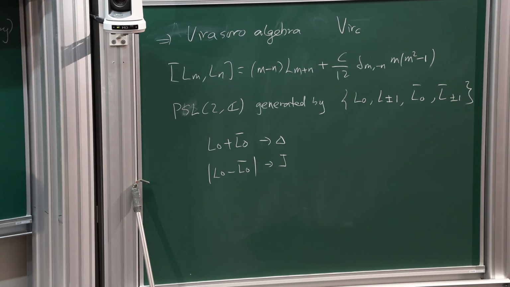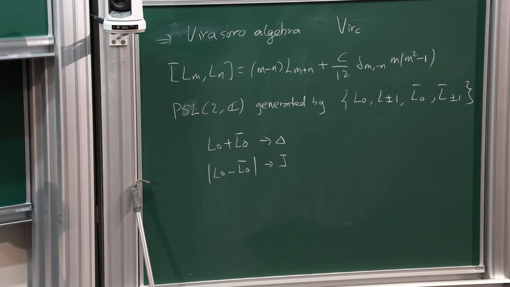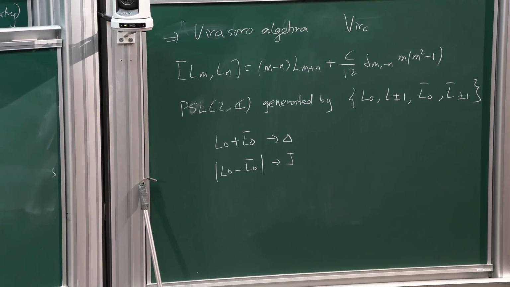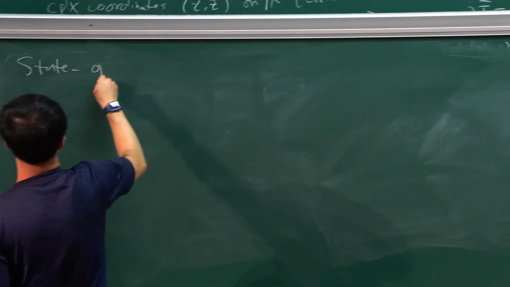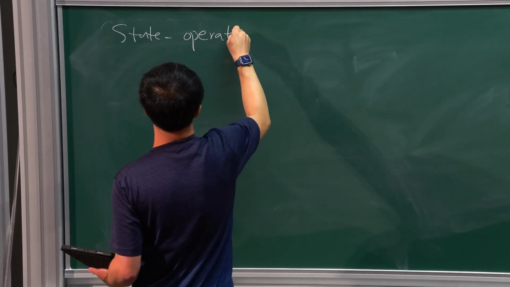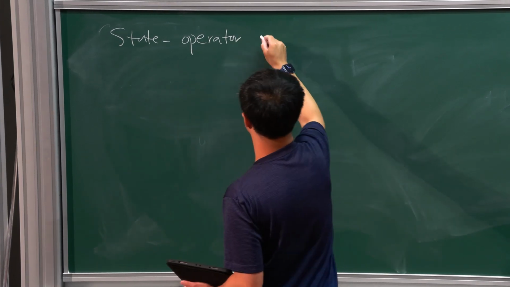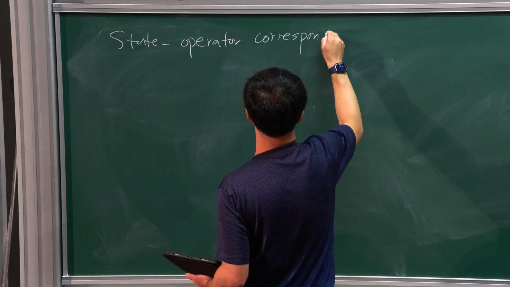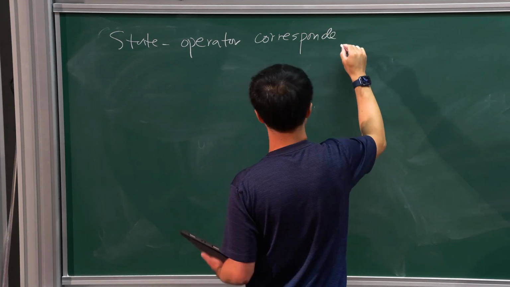A very important feature of conformal field theory, not just two-dimensional conformal field theory, is this relation between operators and states. It's known as the operator-state correspondence, or state-operator correspondence. I emphasize again, this is a correspondence that holds for local operators in general conformal field theory, namely general spacetime dimensions.